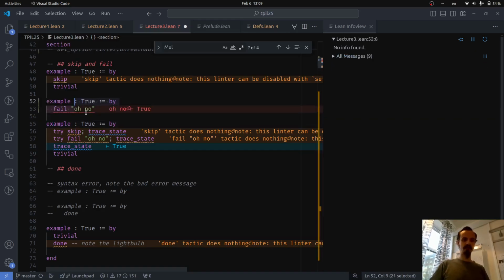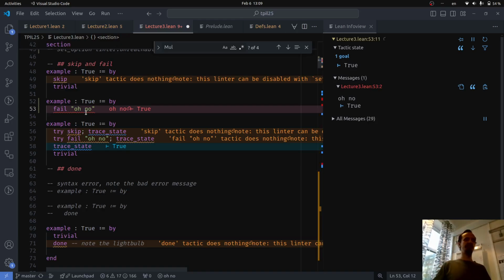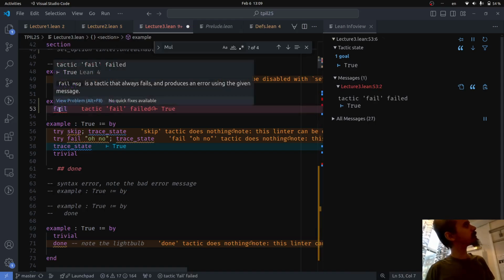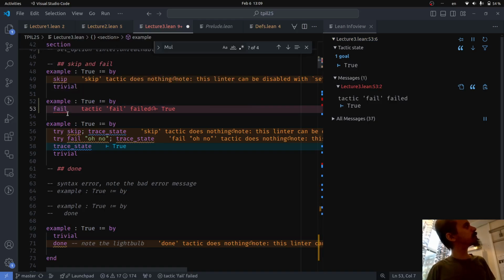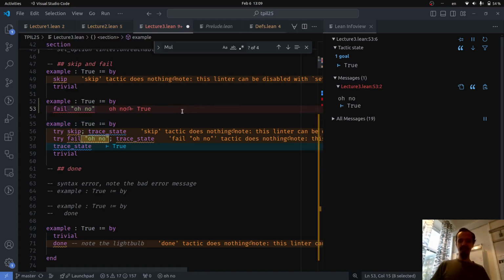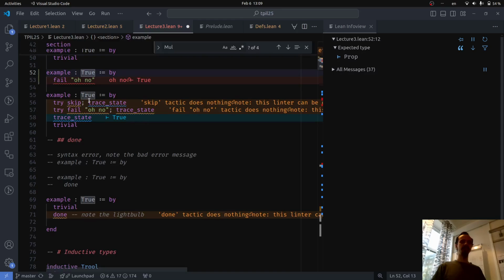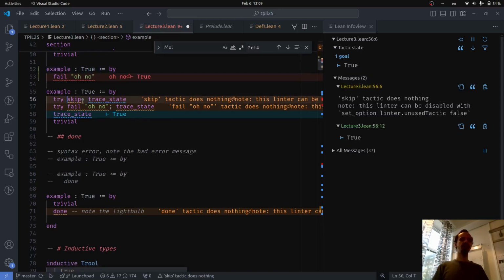But I also want to introduce fail. So fail is also very simple. Fail fails. And you can give it an optional message, but you don't have to. If you wanted to say, oh no, then it prints oh no. One of the reasons why you might want to use these kinds of tactics is to control higher order tactics.